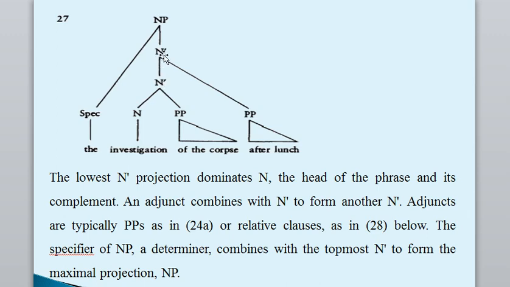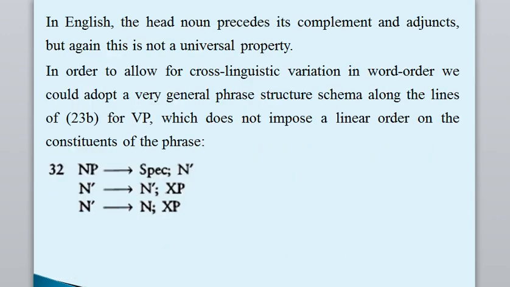Then the specifier combined with this N1 bar produces the maximal projection NP. So we call it layered structure, not flat structure. So noun phrase is like verb phrase, it can have a layered structure.